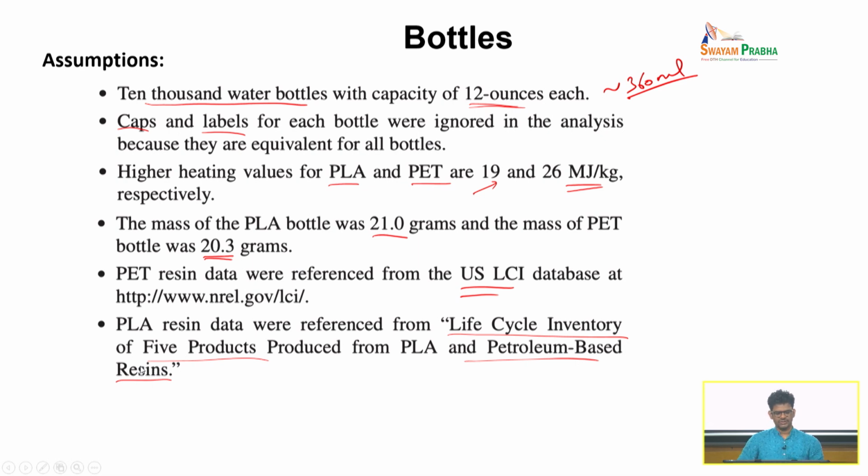So the data from that report comes as an input to this analysis. You don't have to do it again from the resin. Resin calculations are already done. You just import it, rather than going back to corn, water conversion. So sometimes the LC analysis can be done not necessarily from scratch, but can be built on an existing framework like this one.